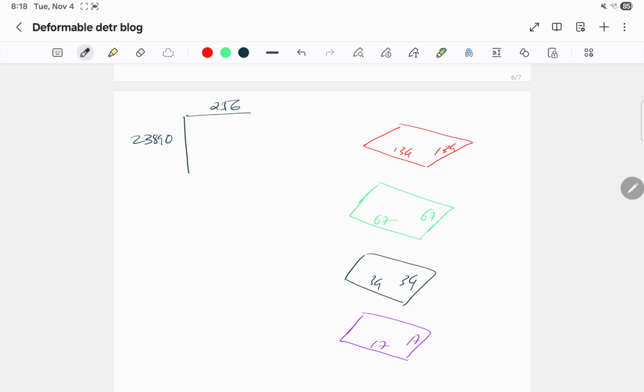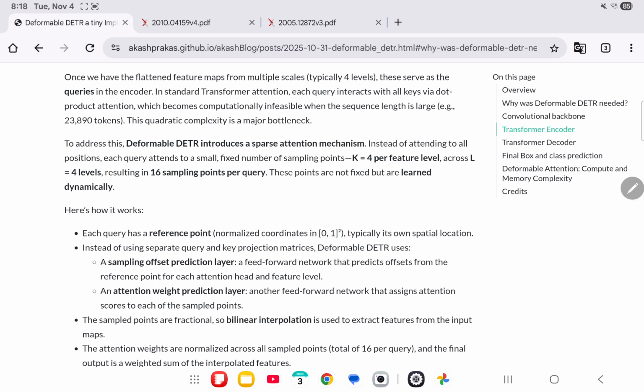For that, they introduce a sparse attention mechanism where each query attends to a small fixed number of query sampling points or other query vectors across each different level. So what we want is each query to attend to some features in each feature level.